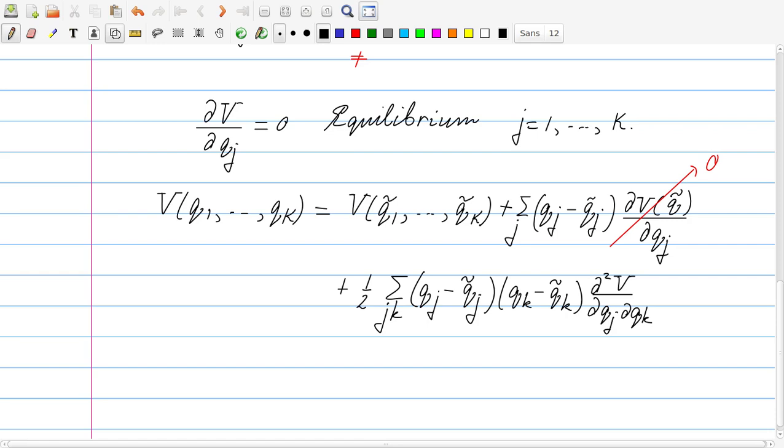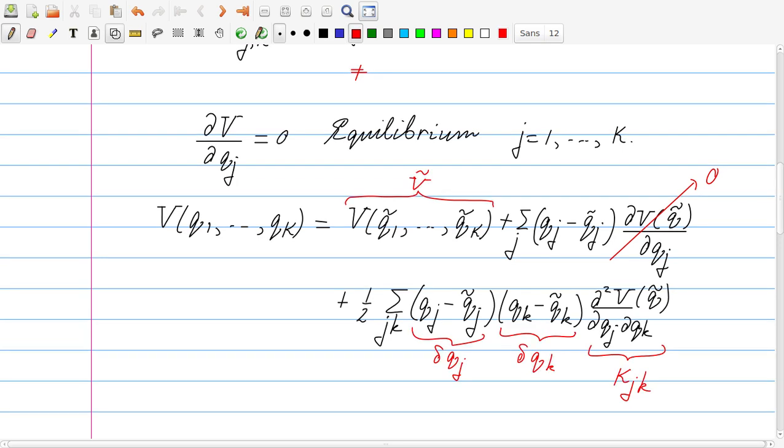So we include the second order Taylor expansion, and we find the second derivative of V with respect to q_j and q_k, and then we multiply by the deviation of q_j from q_j tilde and the deviation of q_k from q_k tilde, and the derivative of V is to be taken at the equilibrium point, which is the set of all the q_j tildes.